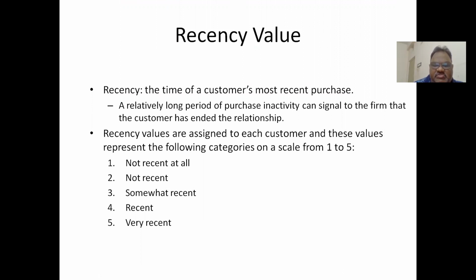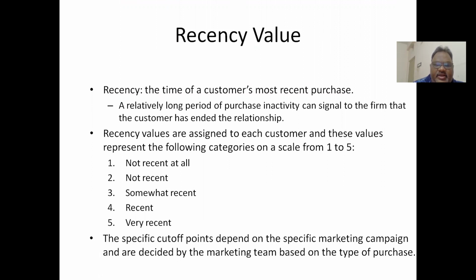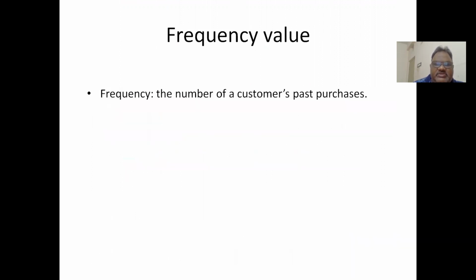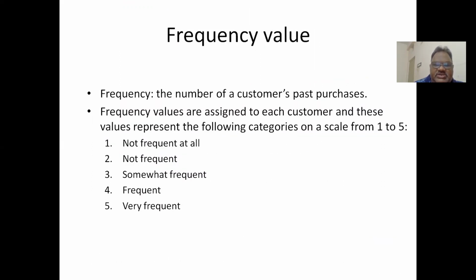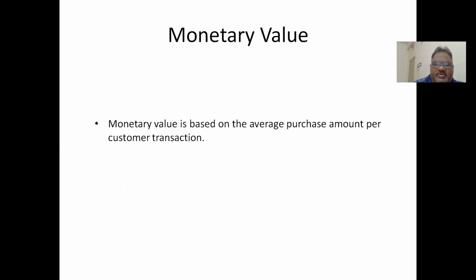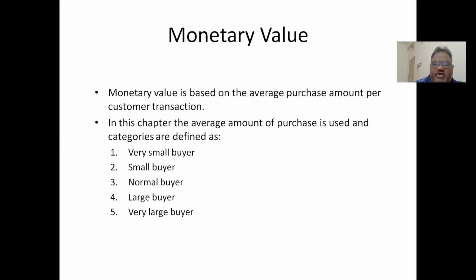Similarly, for frequency, we have the number of past purchases: 5 means very frequent, 4 means frequent, 3 means somewhat frequent, 2 means not frequent, and 1 means not frequent at all. Similarly, for monetary value, 5 means very large, 4 means large, 3 means normal, 2 is smaller, and 1 means very small.